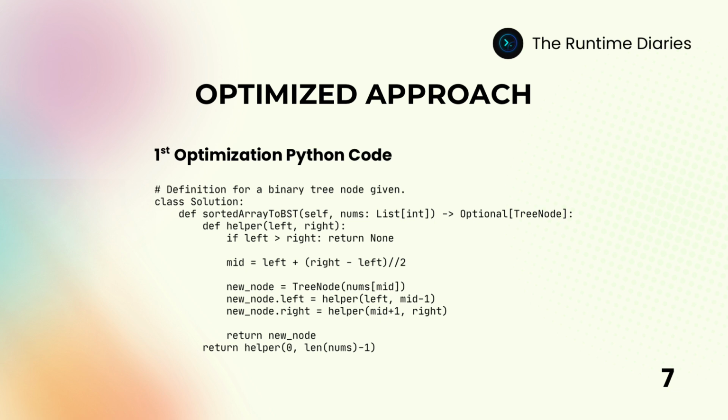No slicing and no copying is occurring here, just pure index math. Each element is touched exactly once, so the time complexity drops to O of n. And the call stack depth, since the tree is balanced, is O of log n.